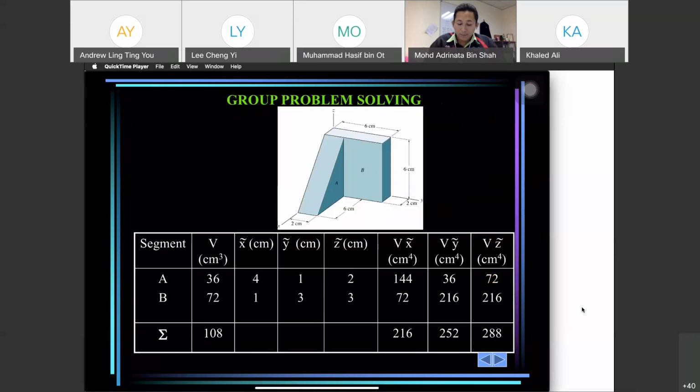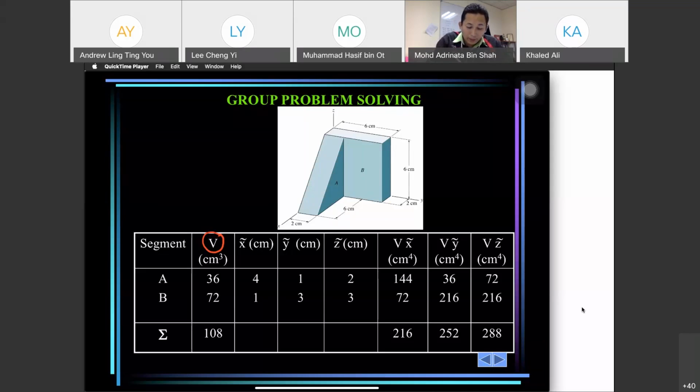So we have volume, so we need our X, Y, and Z. So now we have our volume. Before this, we have area. So we use area. So now we are using volume to calculate. What is the volume of A?